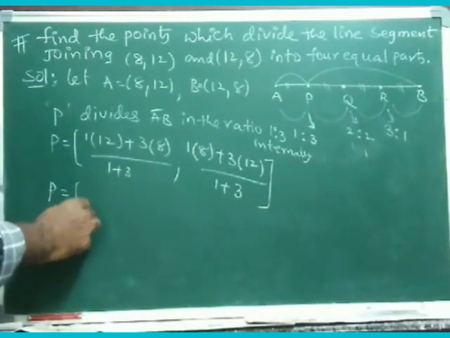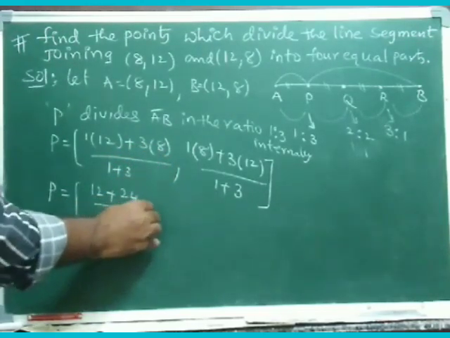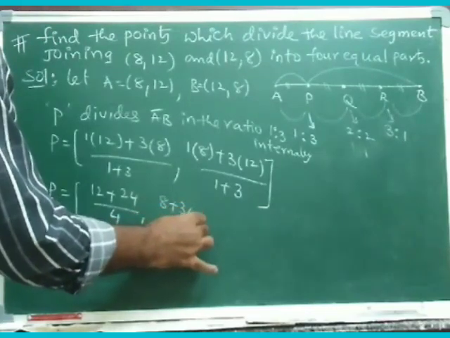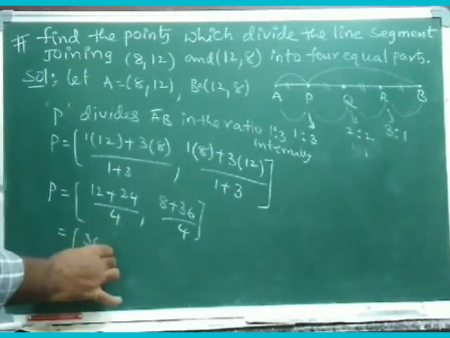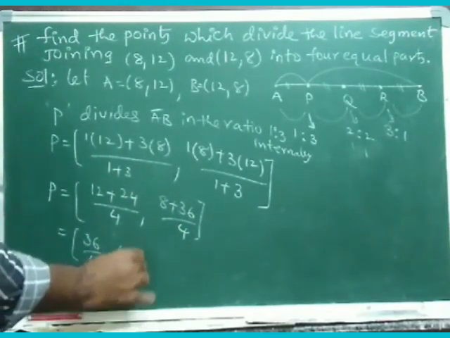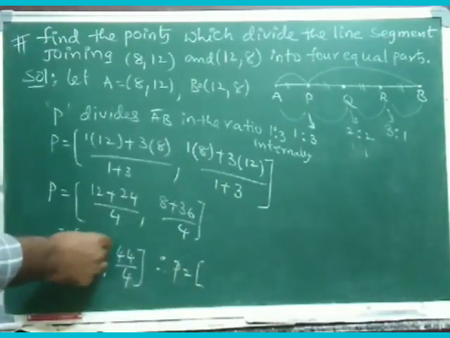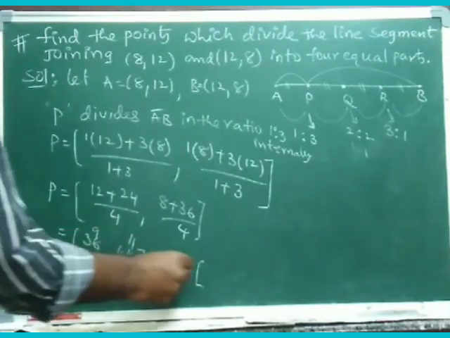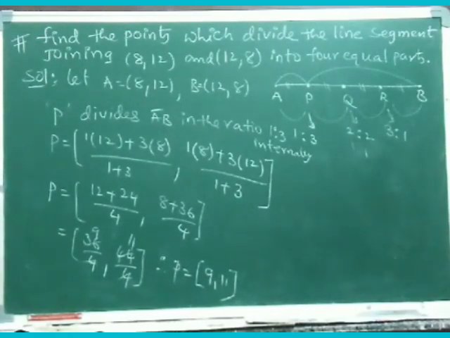So finally this is 12 plus 3 into 8, 24, by 4, and this is 8 plus 36 by 4. 12 plus 24, 36 by 4, and this is 36 plus 8, 44 by 4. Therefore P is 36 by 4, which is 9, and 44 by 4, which is 11. Hence P is equal to (9, 11).